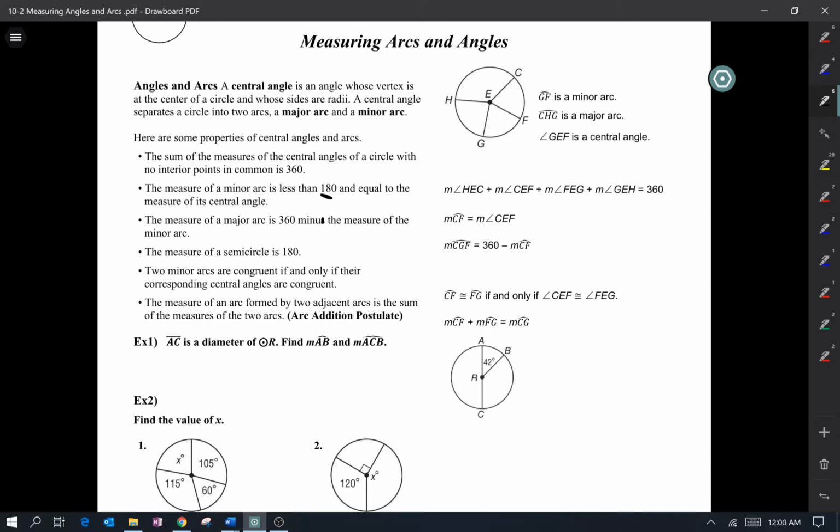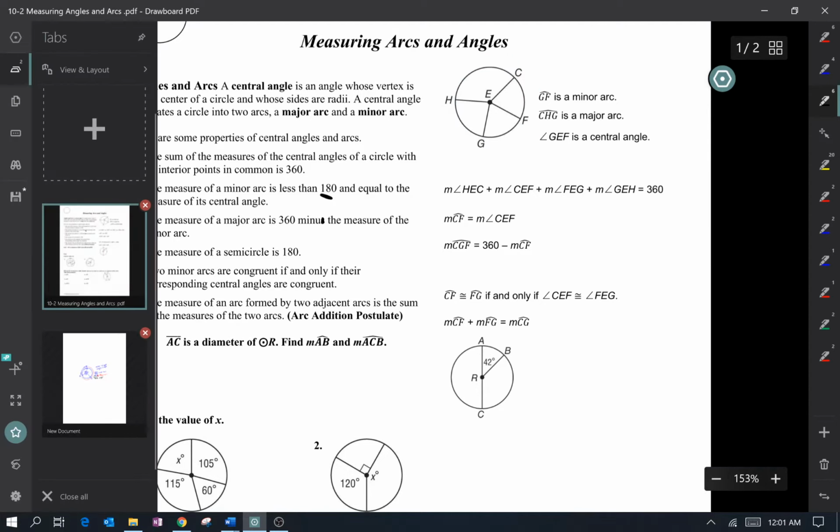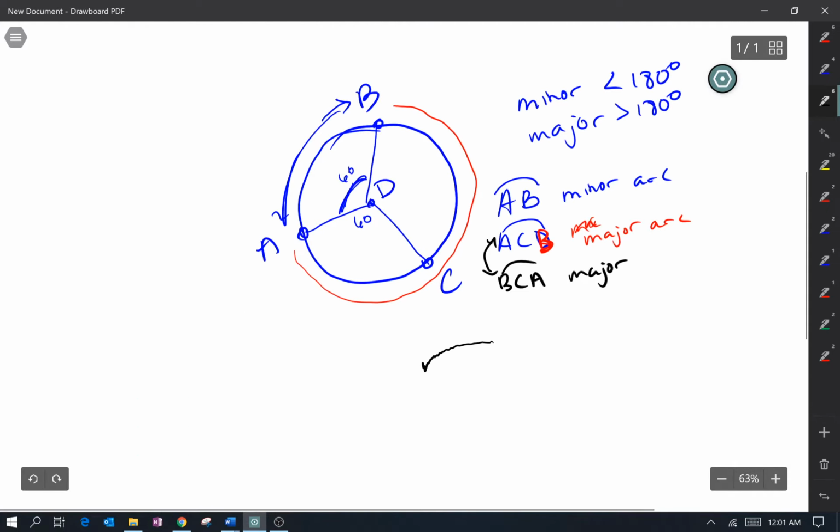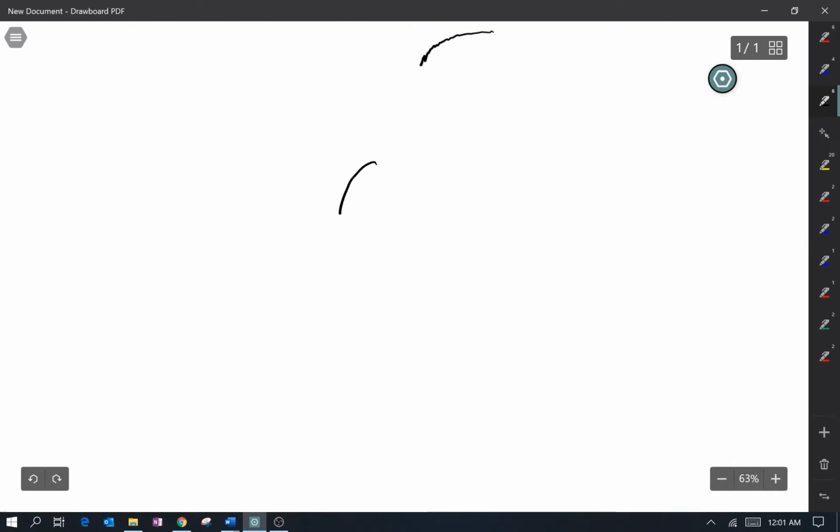Okay, so what does that mean? If the minor arc is this one, the major arc is the rest of the 360-degree angle, right? The measure of a semicircle. Okay, so let's look at a semicircle for a minute. So if I have a circle, and this is a semicircle, right?